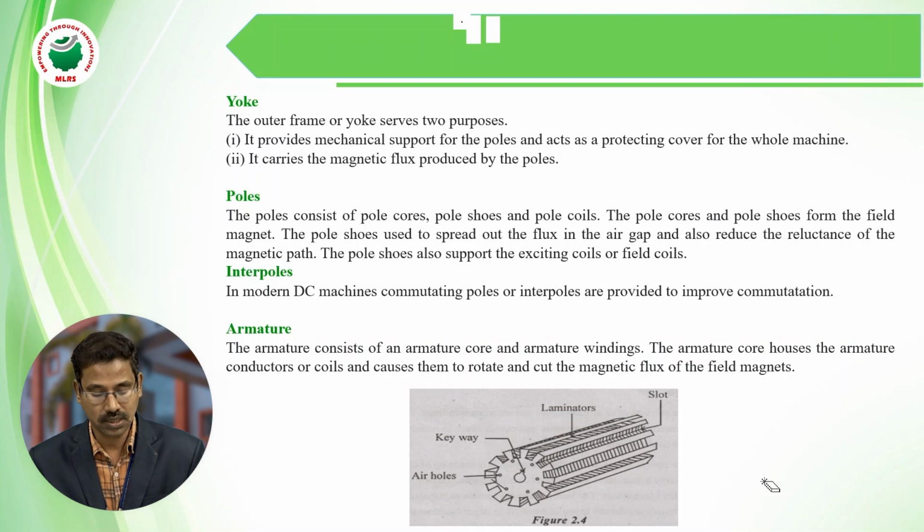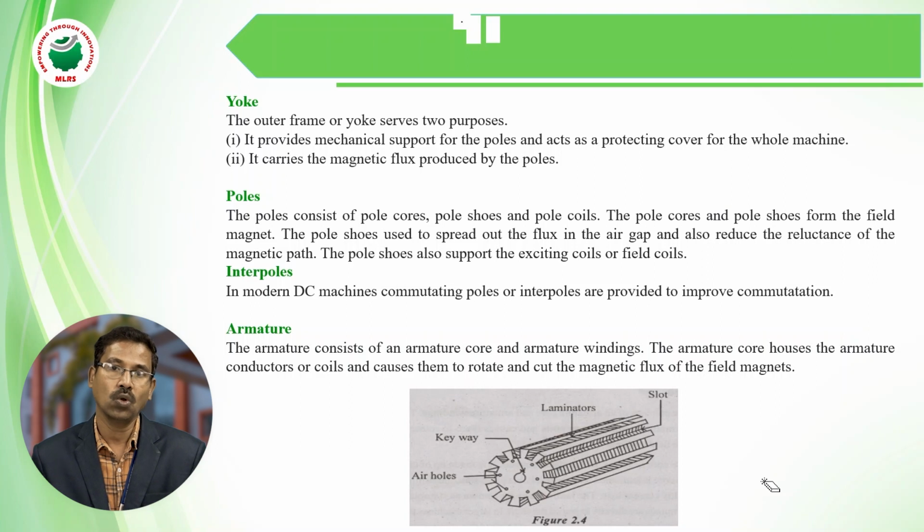The first is that it provides mechanical support to the entire generator, the second is that it provides protection to the whole generator, and the third is that it carries the magnetic flux which is produced by the magnetic poles.